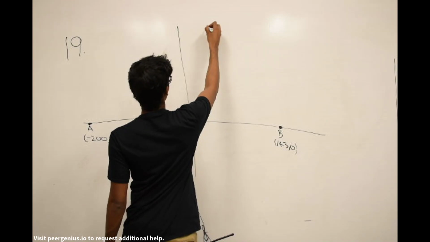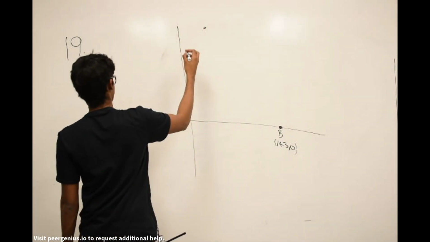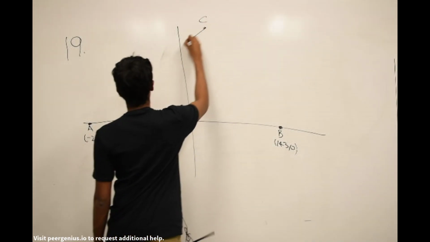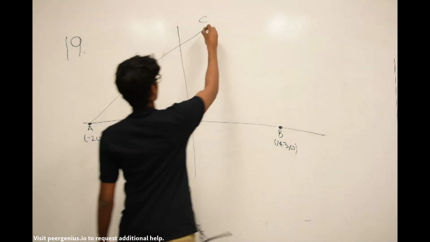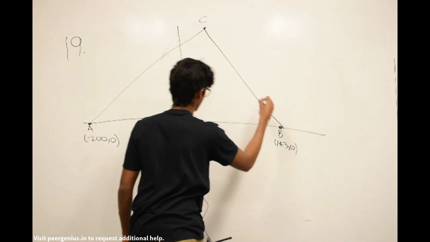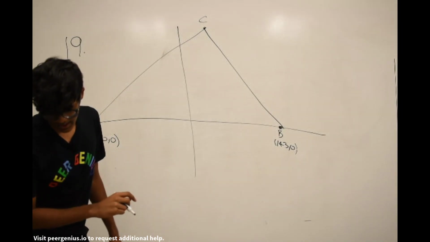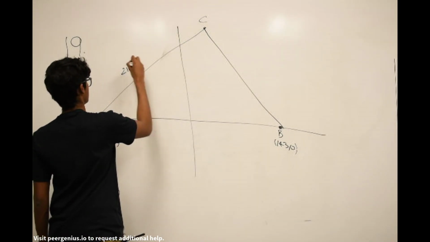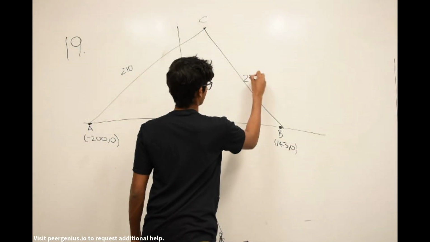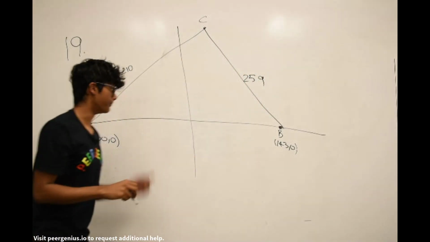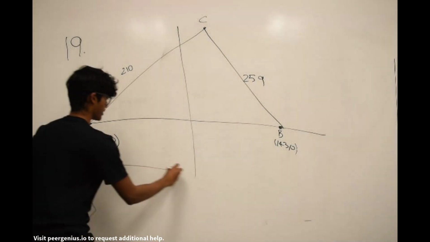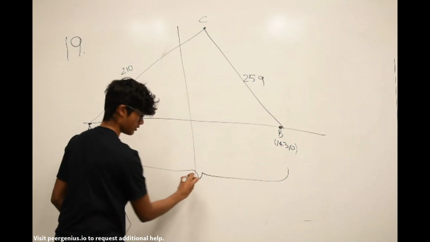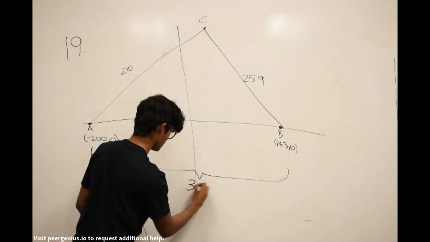Let's say I put C at some random spot. This length here is 343.